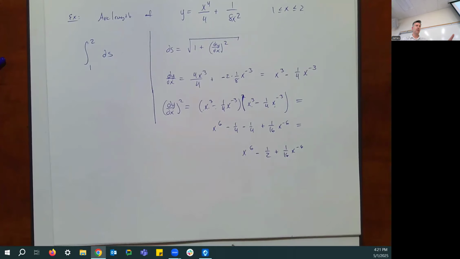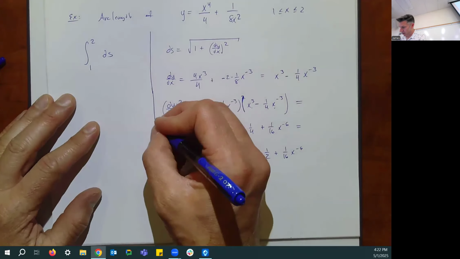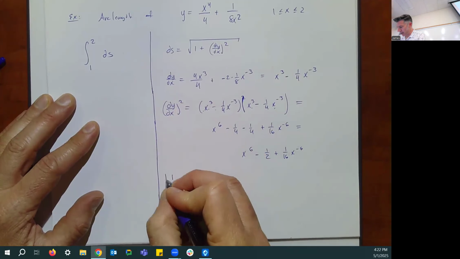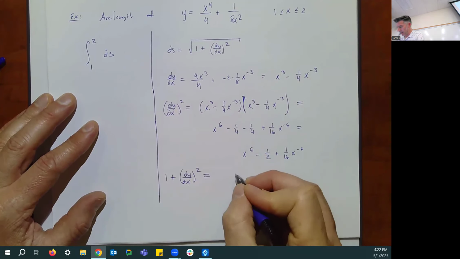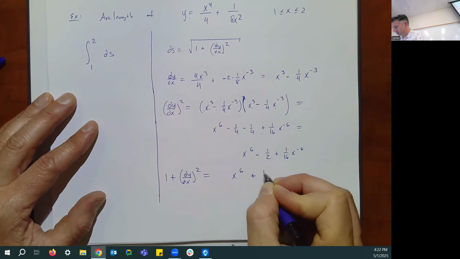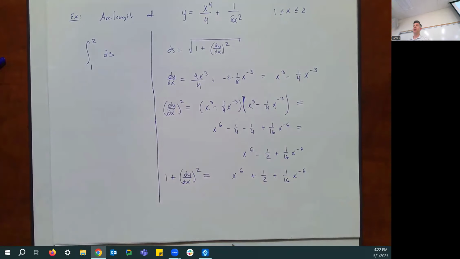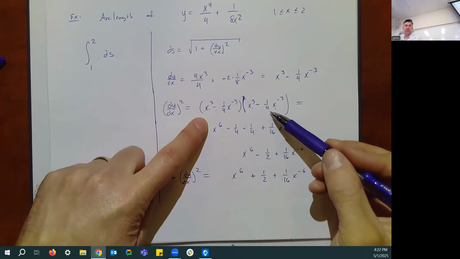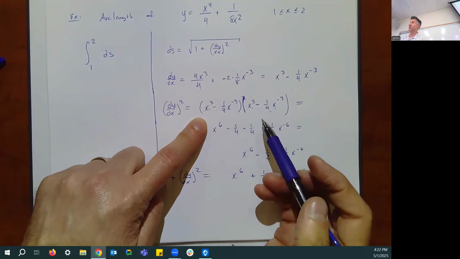Here's the special thing that happens when you get this negative 1/2. When you then add 1 to that, check it out. 1 plus my derivative squared is going to be x to the sixth plus 1/2 plus 1/16 x to the negative sixth. And then that factors, in almost exactly the same way it was factored before, except now the middle sign is positive instead of negative.